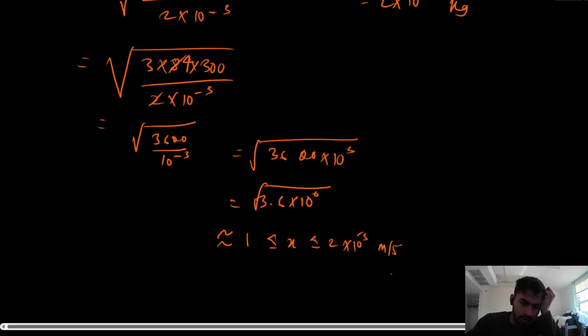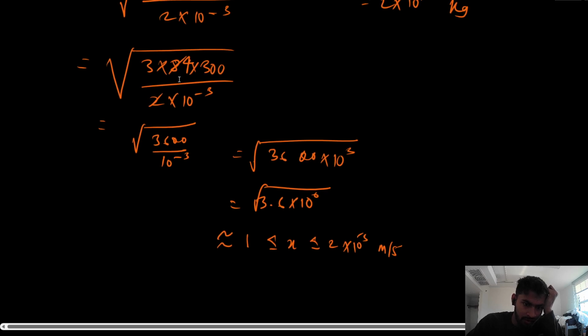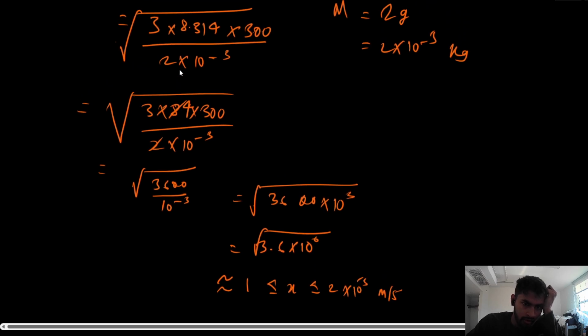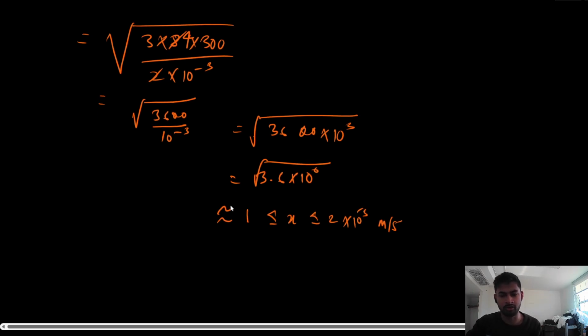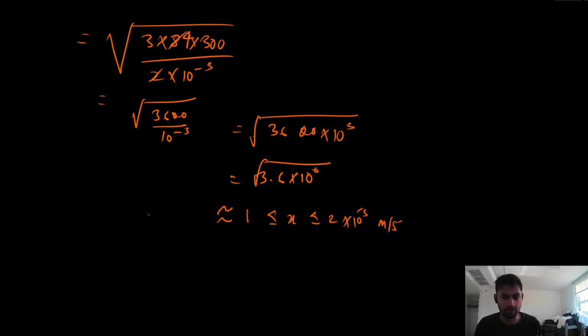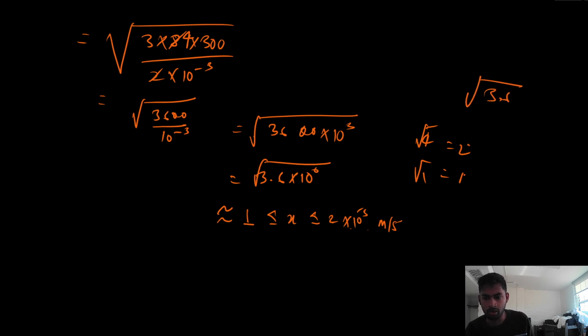So what I did in here is basically I approximated the entire value. Instead of using 8.314, I used 8 and then computed it, and after computing I just got the approximate value. The value of root of 3.6 times 10 to the power 6 would be in between 1 and 2 times 10 to the power 3 meters per second, because we know square root of 4 is 2 and square root of 1 is 1, and 3.6 falls in between 1 and 2.